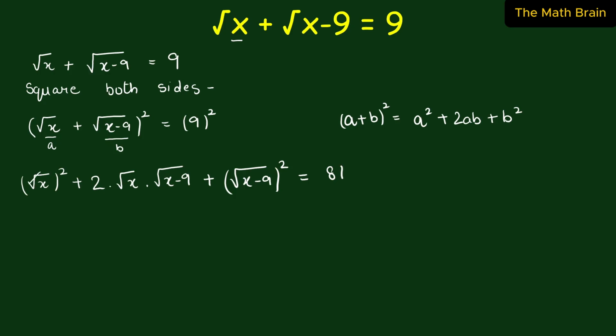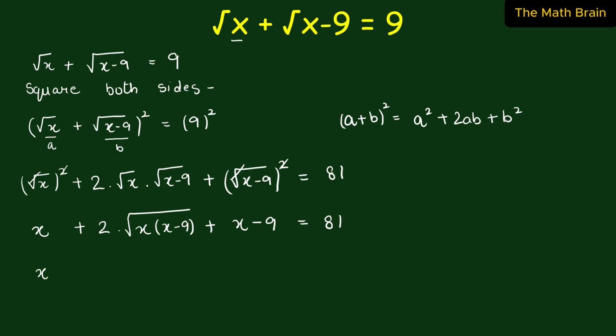From here this root and square will cancel out as well as here. So we are left with x + 2 into √x into √(x − 9) + x − 9 is equals to 81.